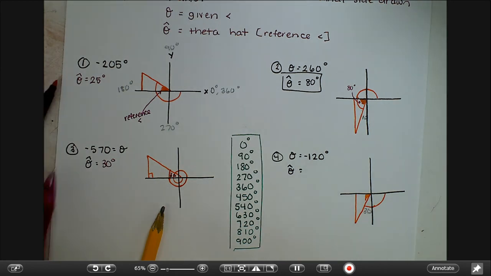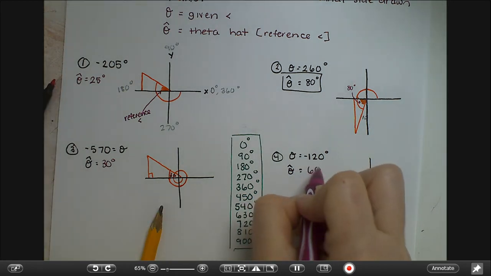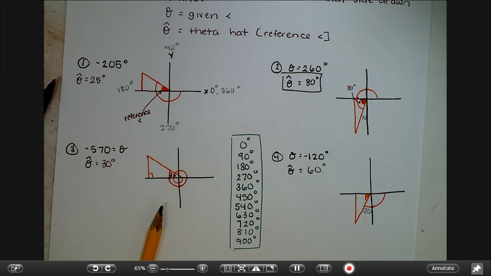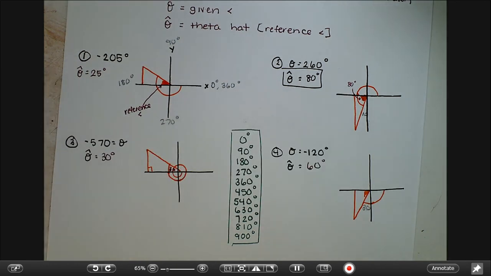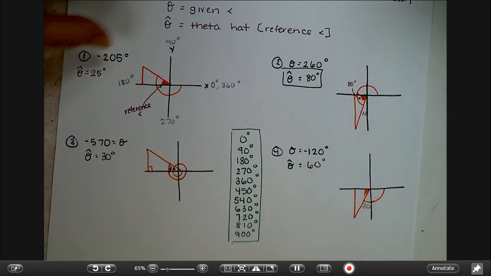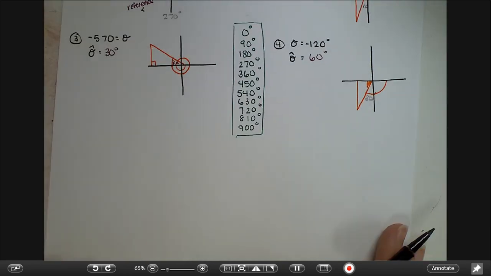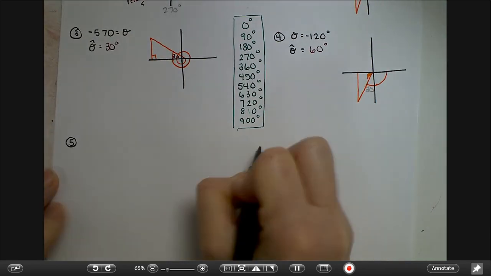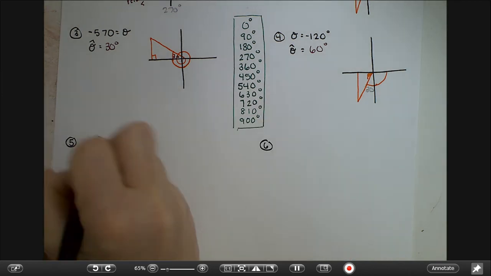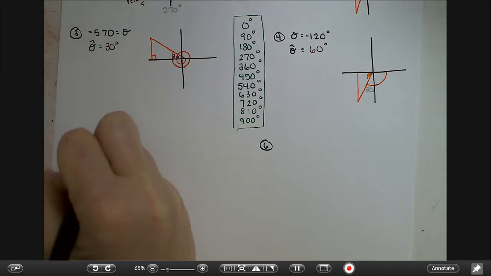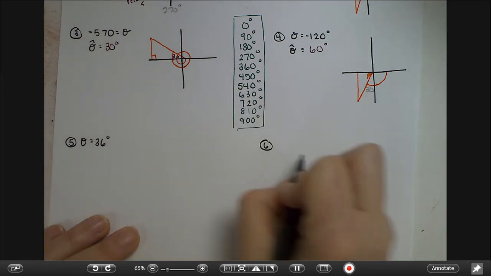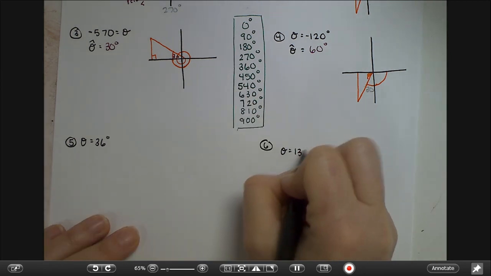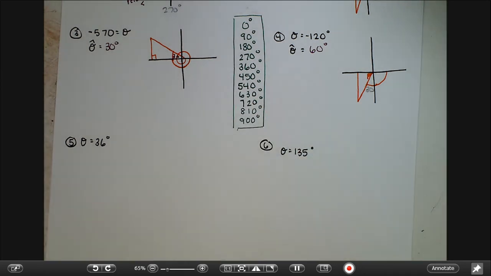So there's another 60 degrees to go. All right, I'm going to put 2 for you to try, pause the video, and then come back. All right, so try for theta is 36 and theta is 135.